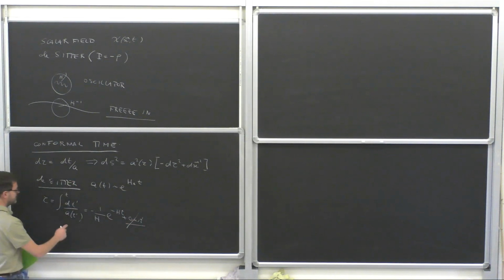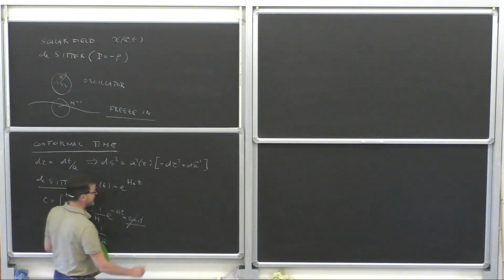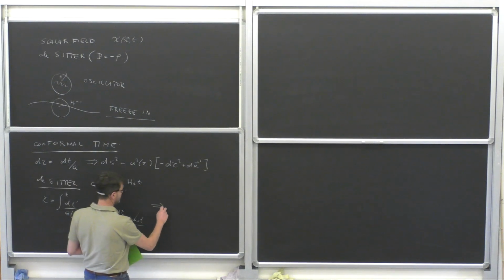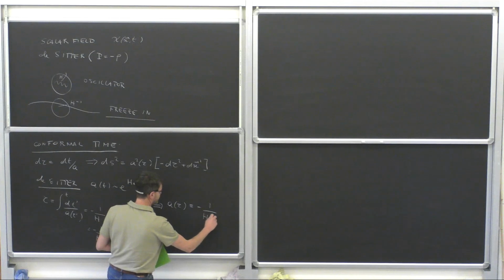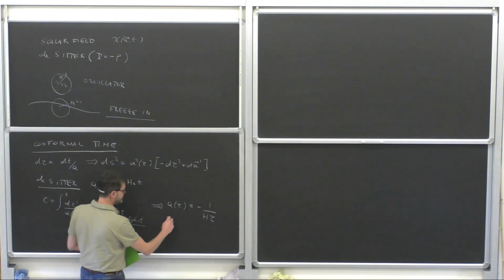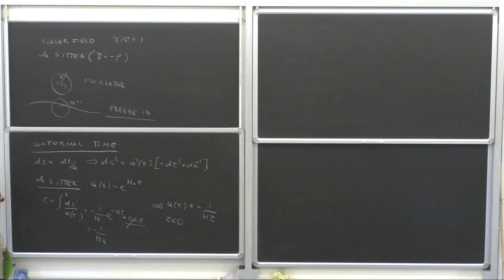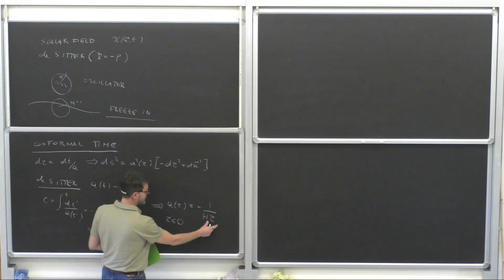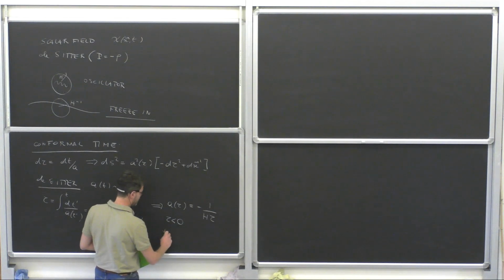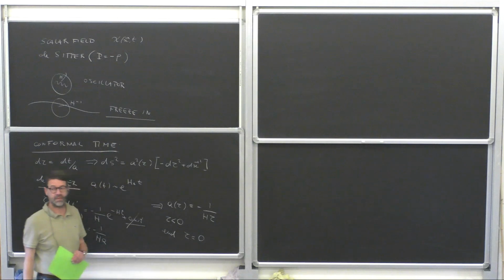So from here, since this is simply 1 over a, you discover that a of tau during de Sitter is minus 1 over H tau. So tau is negative, by convention. The beginning of inflation coincides with tau equals minus infinity, and the end of inflation coincides with tau equals 0, in these coordinates.